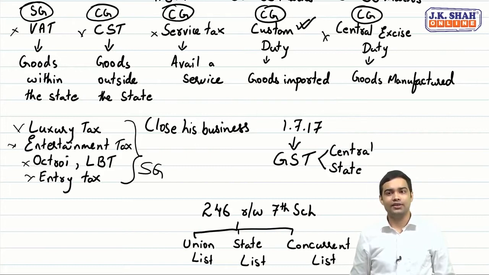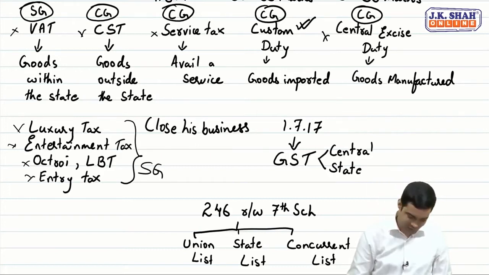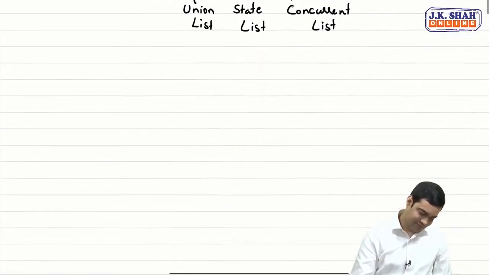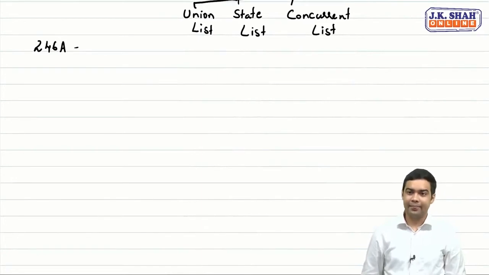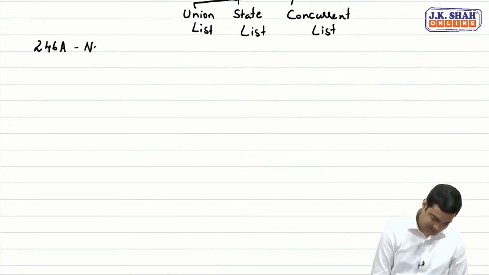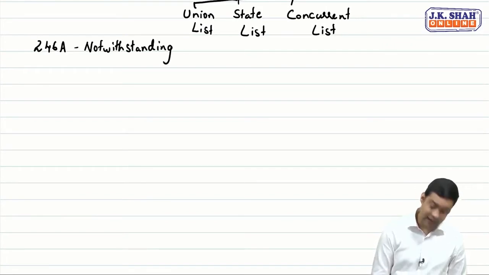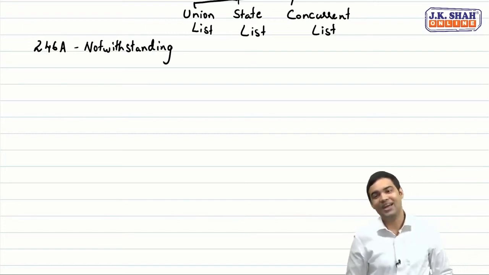And what did they do? They brought in Article 246A. This Article 246A starts like this. It says, notwithstanding. Very powerful word. You'll come across this at a number of places in any law.